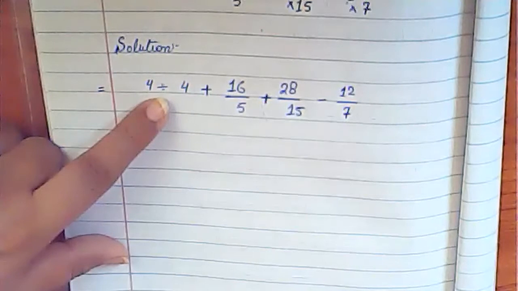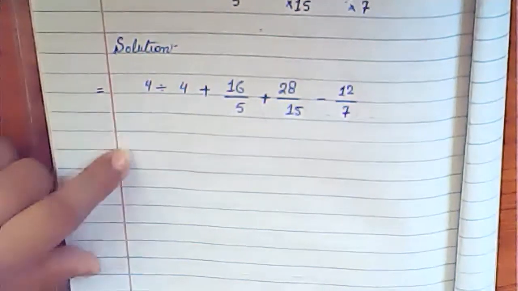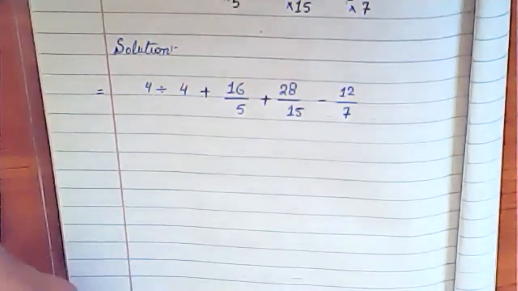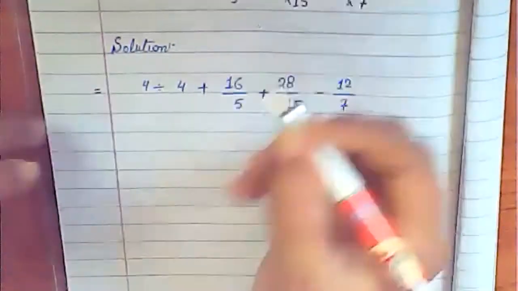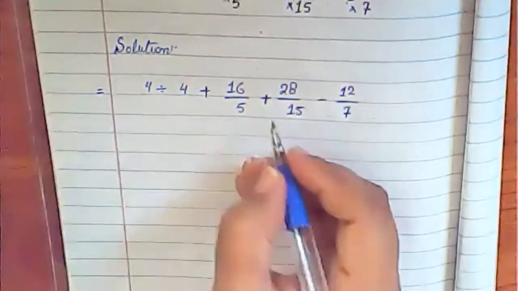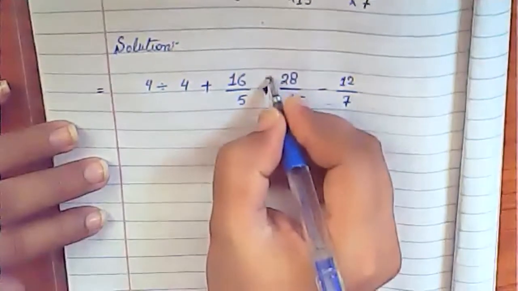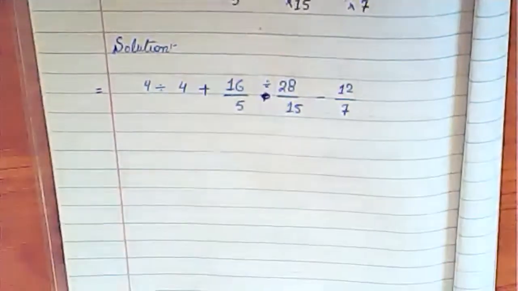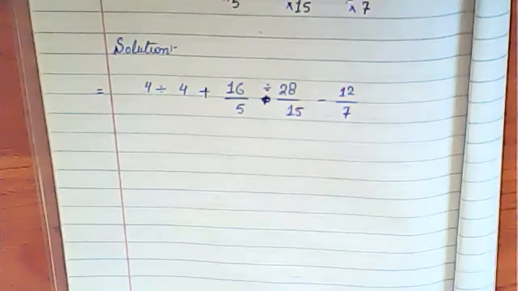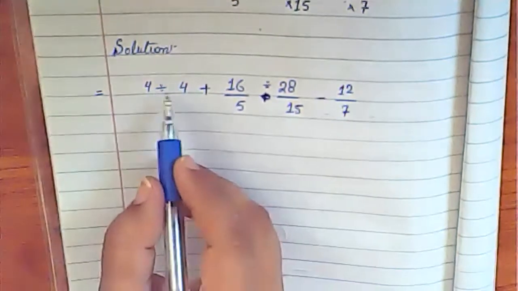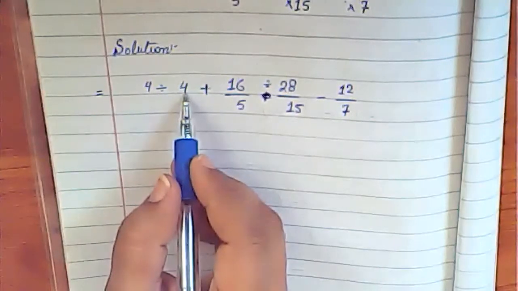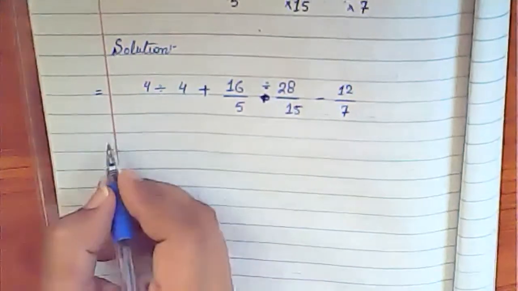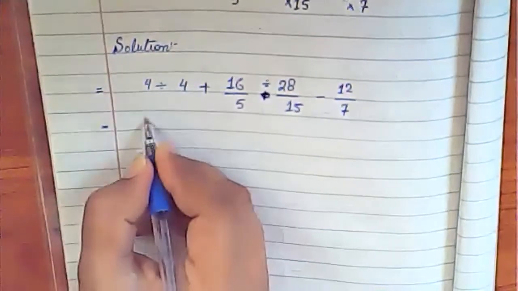You have this divide sign. This is basically the sign of division. Very good. So for the sign of division, you will take the reciprocal. 4 will remain the same.